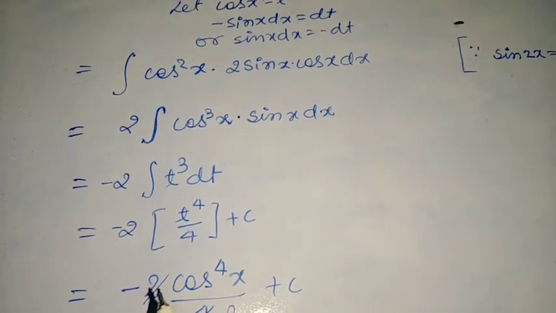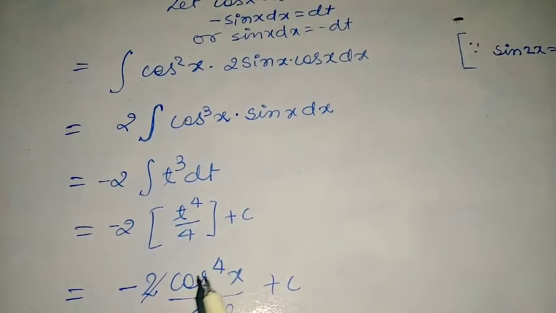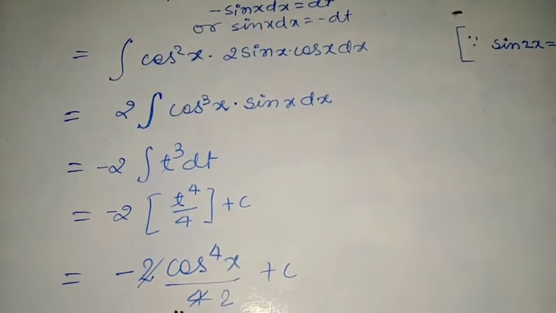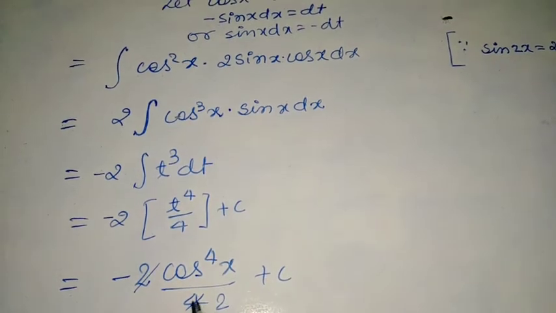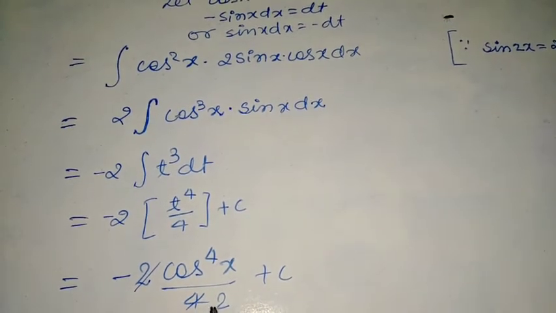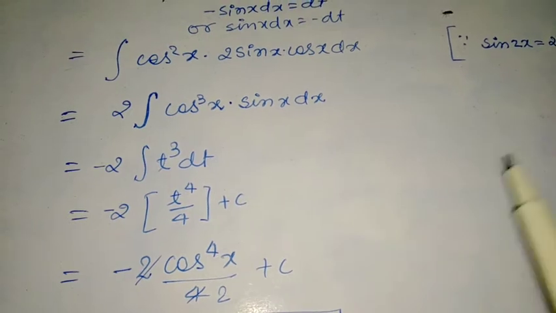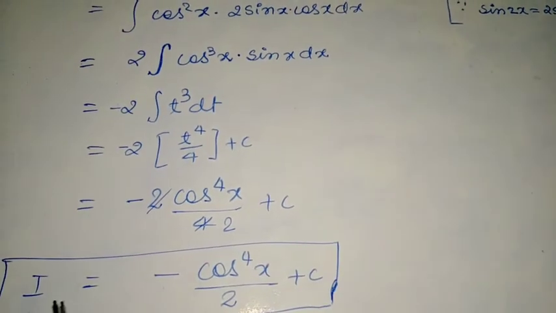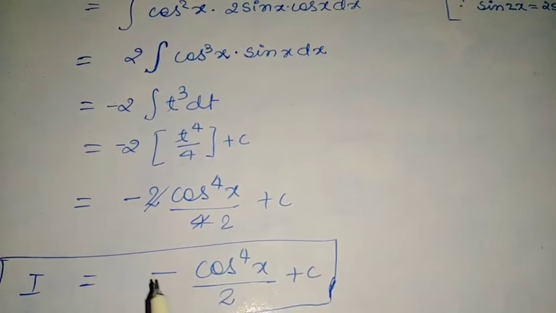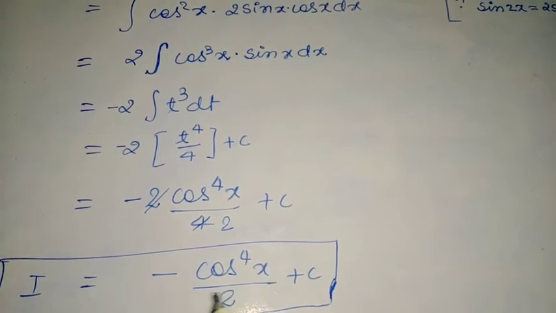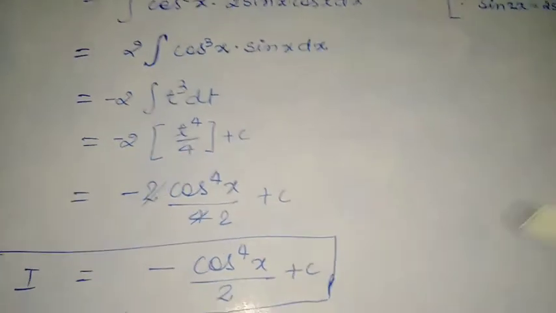It will be minus 2 into cos to the power 4 x upon 4 plus c. So this 4 will be cancelled out by 2 in 2 times. So now it will be I is equal to minus cos to the power 4 x upon 2 plus c. This will be the answer.